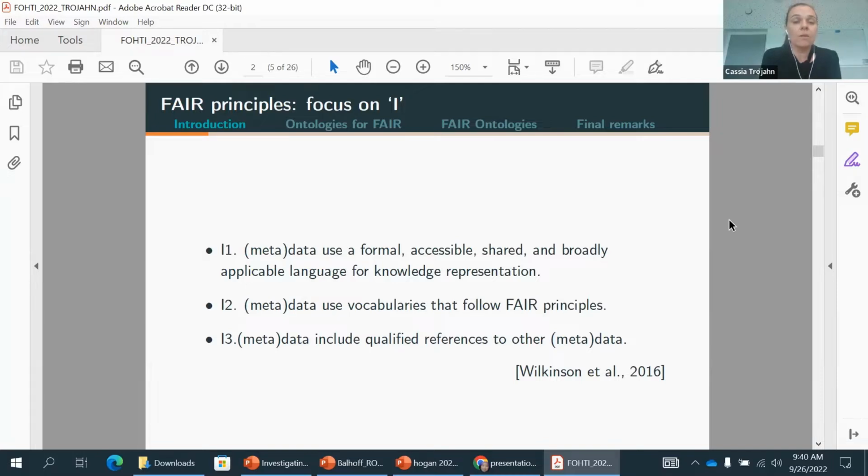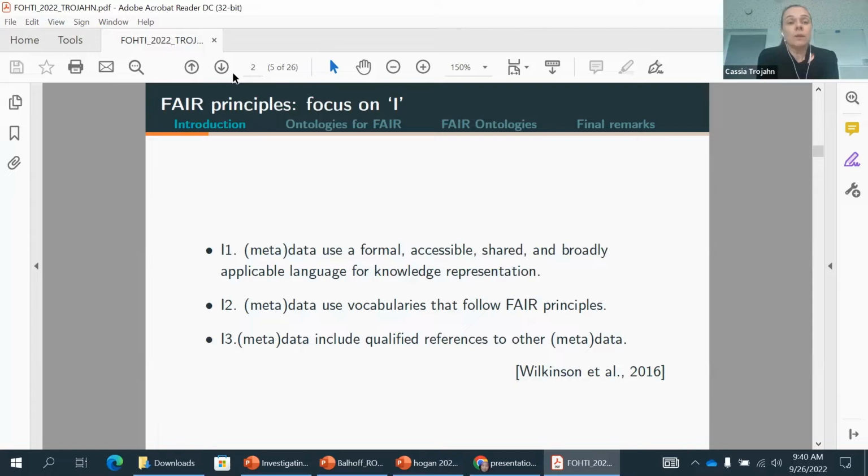This was also the focus of our workshop: how ontologies can help with interoperability and how ontologies can themselves be interoperable, be themselves FAIR.